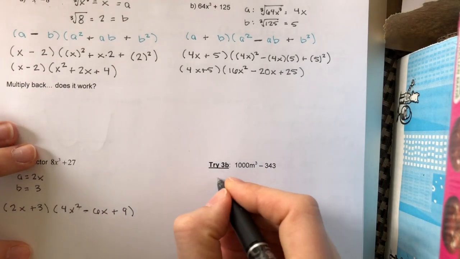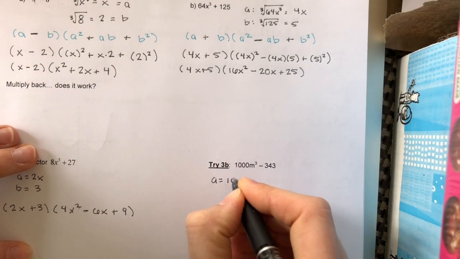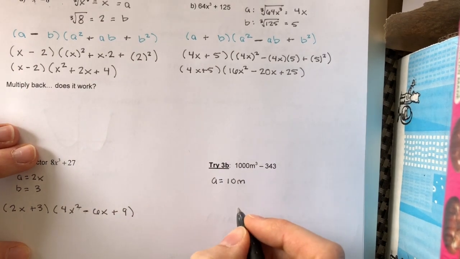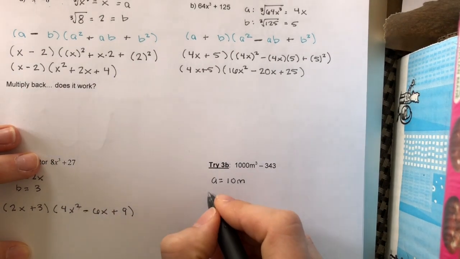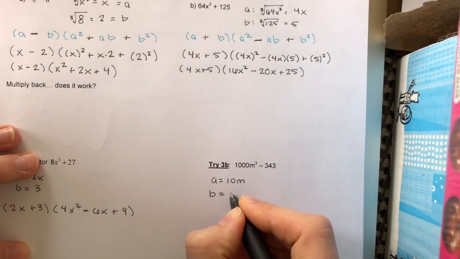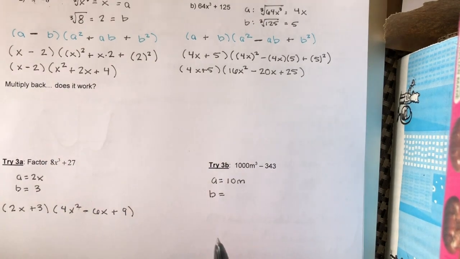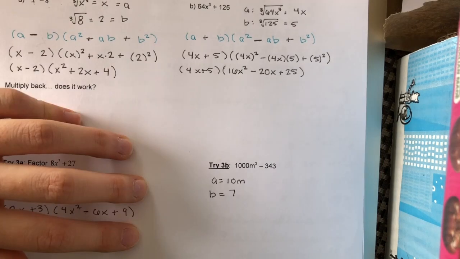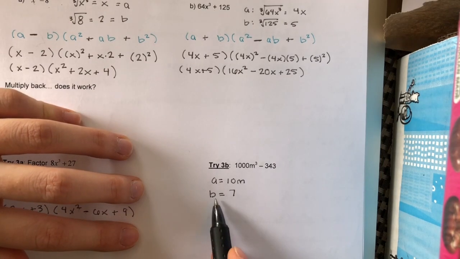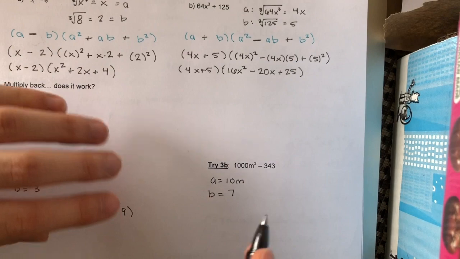For this one, I'm getting A is 10m, and we treat m just like x, just another variable. And then B, the cube root of 343. So cube root of 343 is 7. Sorry, I had to go find my calculator there.